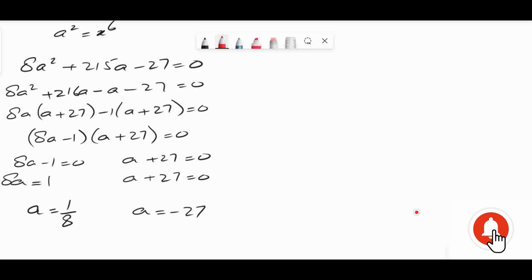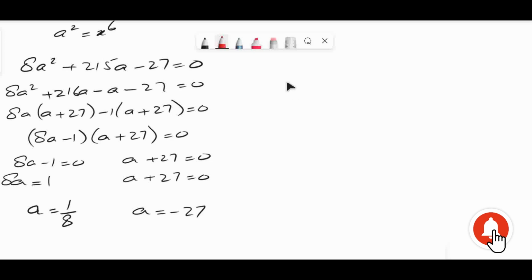So this is called reverse engineering. Although you can directly use mid-term breaking, or if you are not aware of it, you can use this way to find out the factors. This is called reverse engineering. So from here we can clearly see that a equals 1 by 8 and a equals minus 27.